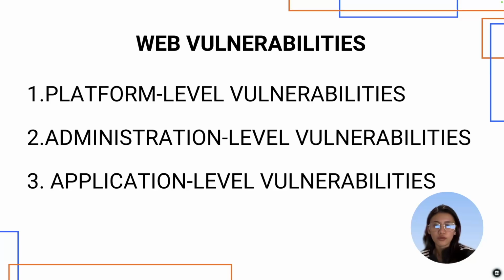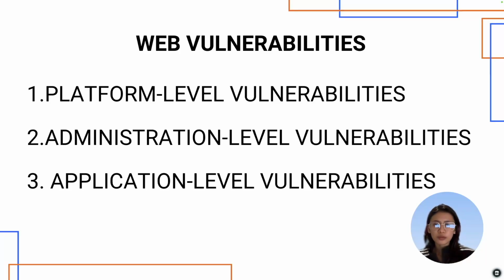Okay, so before we go on with that, we have here our platform-level vulnerabilities, administration-level vulnerabilities, and application-level vulnerabilities. These are the areas where web vulnerabilities usually occur.